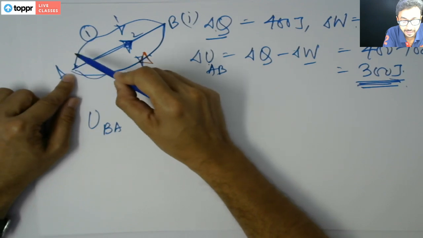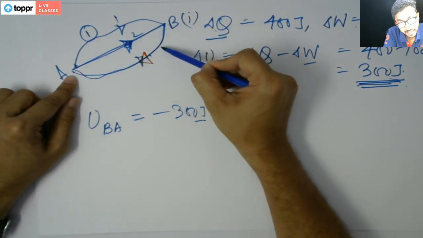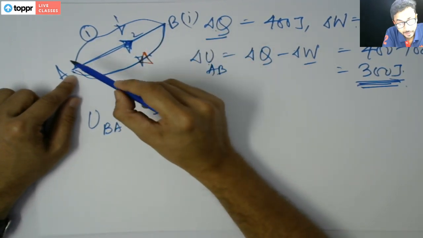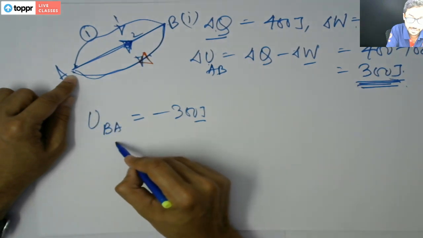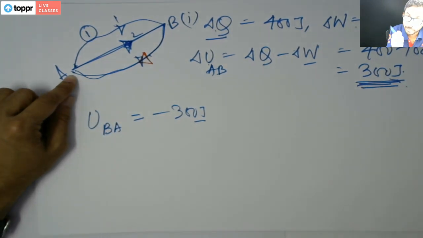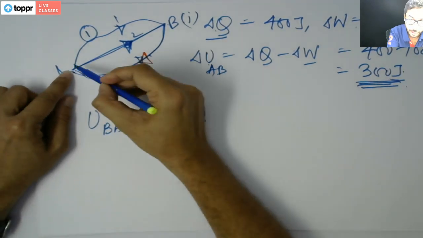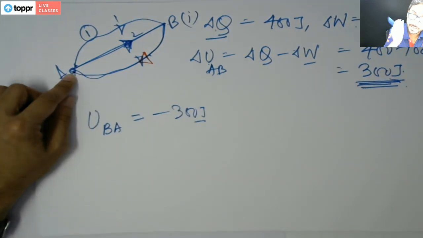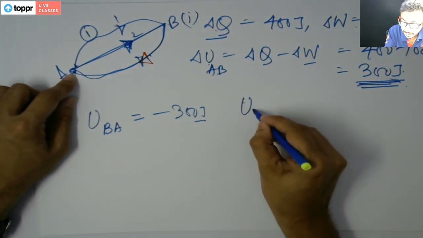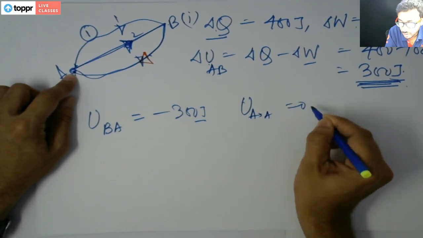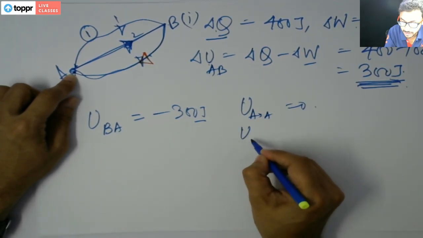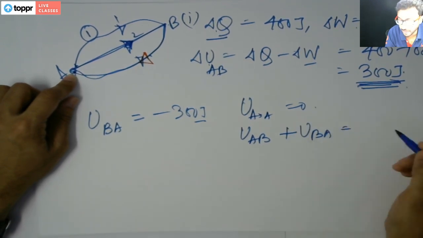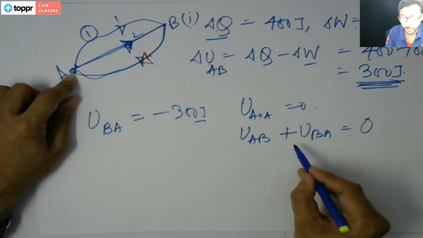Say we have taken a gas from A to B and then again from B to A. Now, in a cyclic process, as we have said, internal energy is a state dependent function. As we are starting from A and again coming back to A, definitely we can say U A to A should be 0. Now U A to A means U AB plus U BA, that is equal to 0.